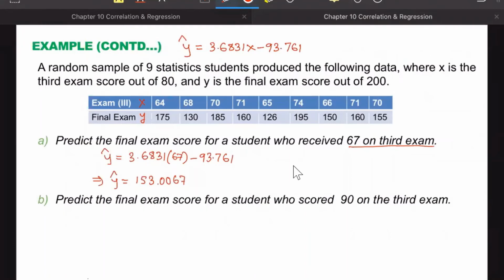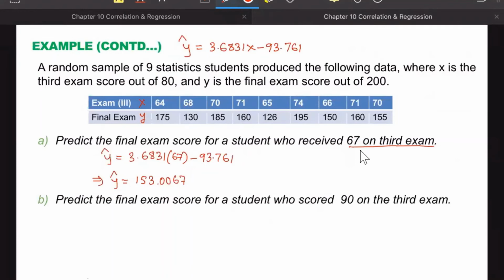So we plugged in 67 in place of X, and we got the Y value. The meaning of that is, for a student who might obtain 67 in the third exam, their final exam score would be 153.0067. So we can always use the line of best fit to make the prediction.